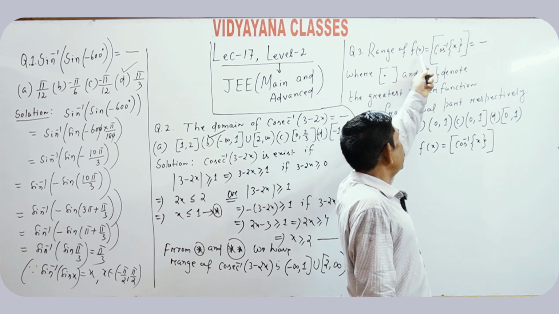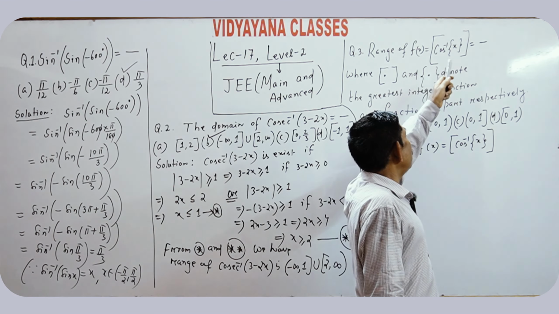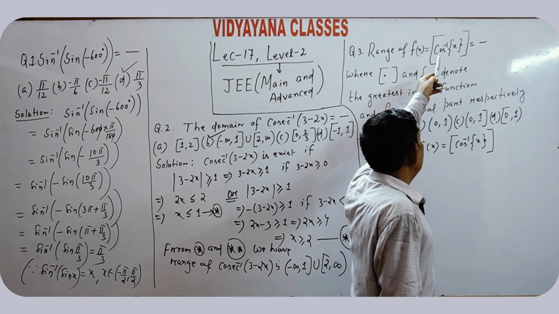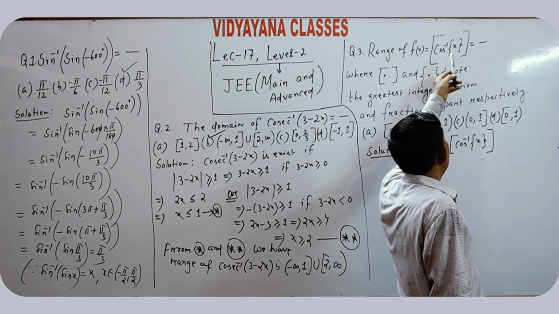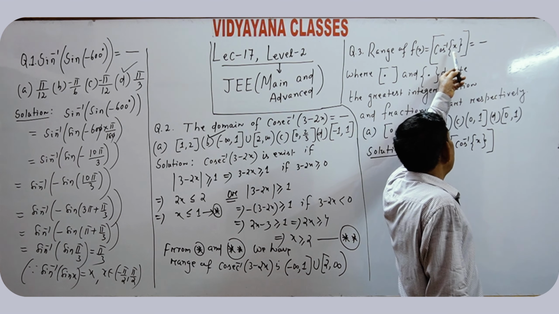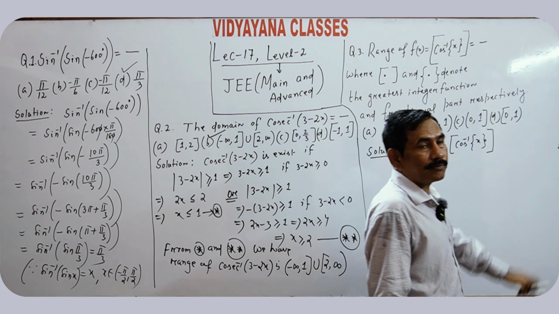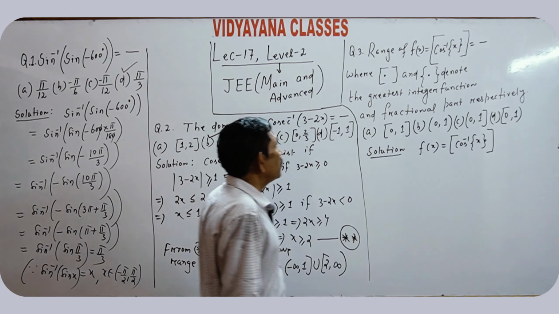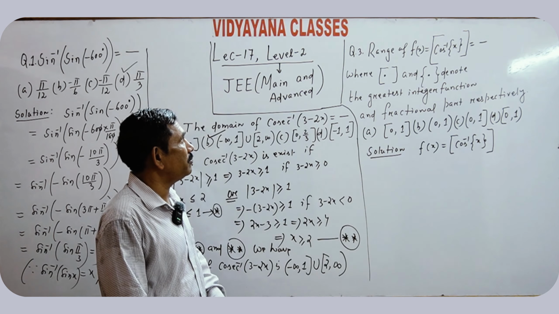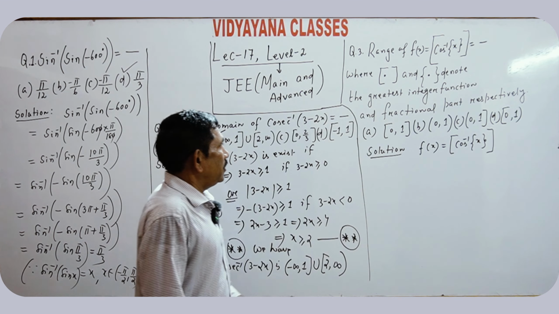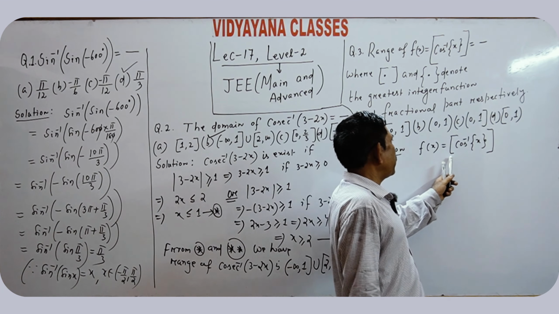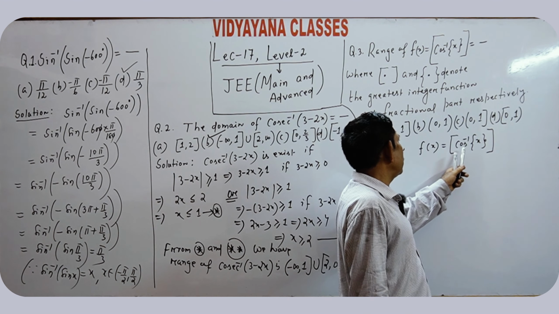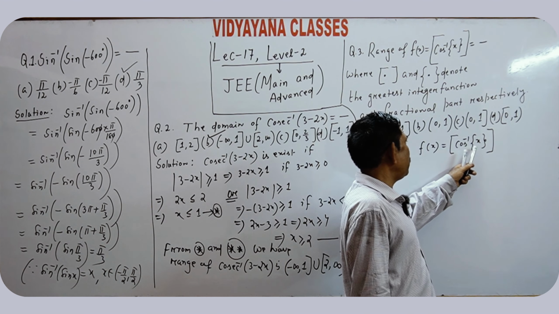The range of fx is equal to bracket of, which represents the greatest integer, of cos inverse fractional part of x is equal to dash. We have to determine the range of the function fx is equal to greatest integer function of cos inverse fractional part of x.